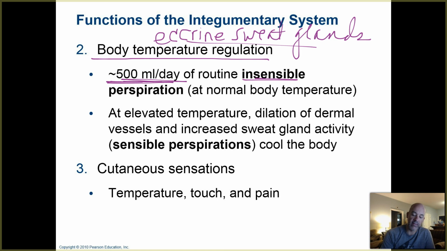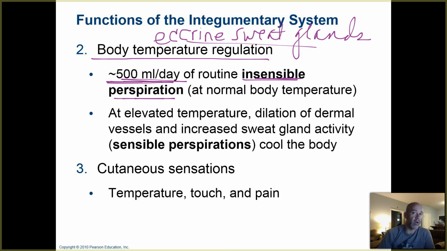That's called insensible perspiration. You don't realize that that's going on, and that's just part of maintaining your normal body temperature homeostasis. You have those minor fluctuations in body temperature occurring all the time, and one of the major ways that's controlled is through this insensible perspiration.